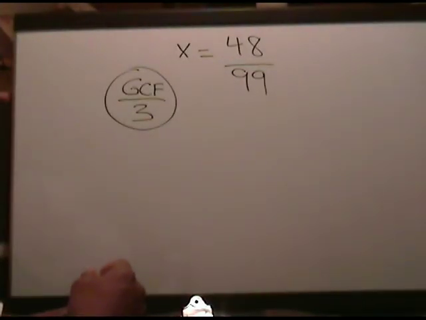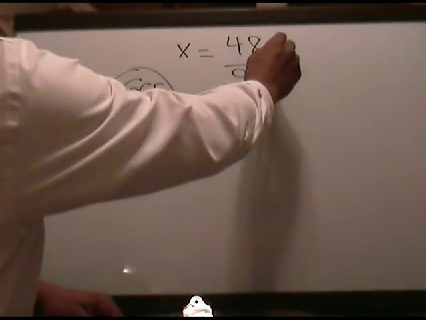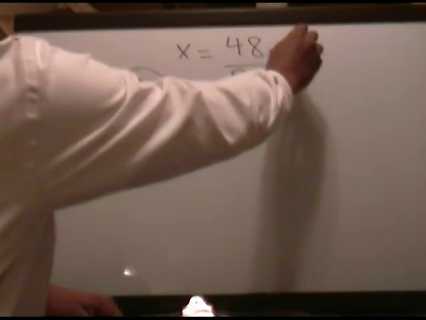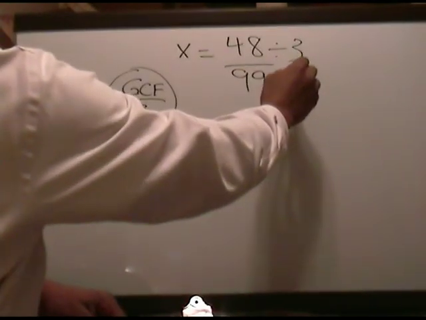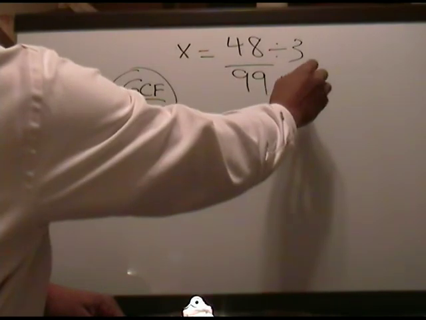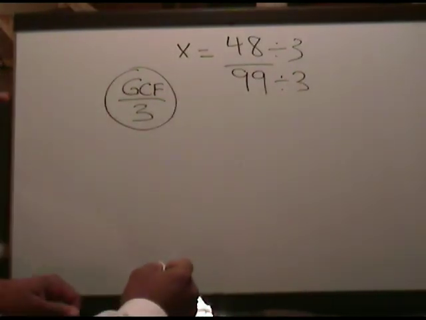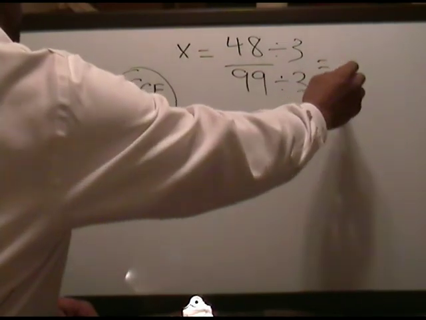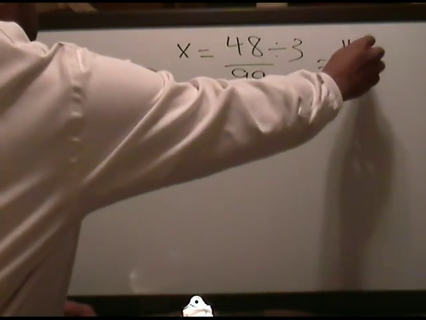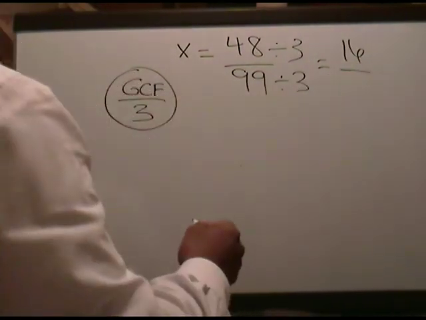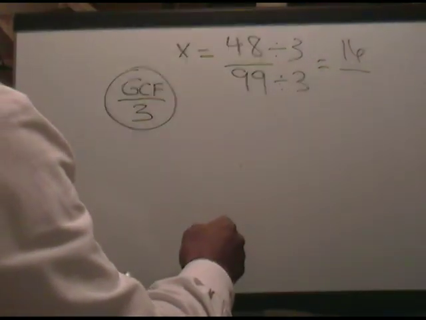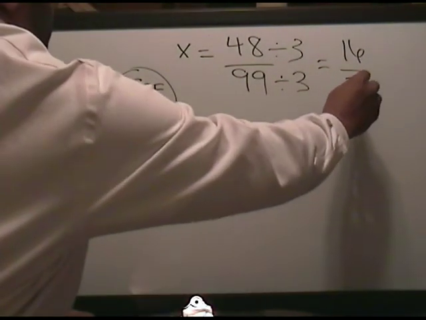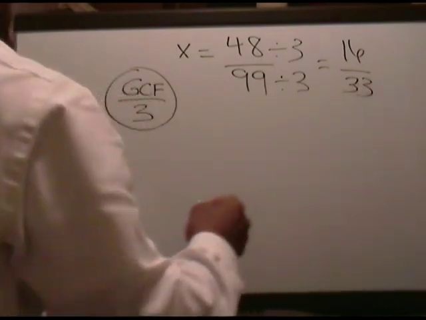We take that greatest common factor of 3 and divide it into the numerator and into the denominator. 48 divided by 3 is 16, and 99 divided by 3 is 33.